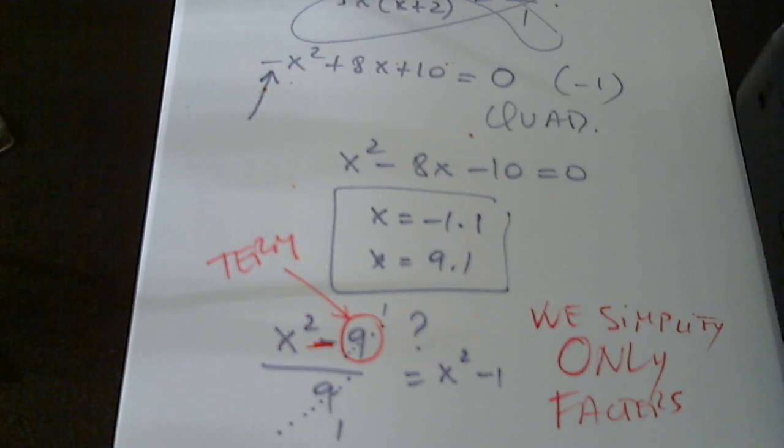We are only allowed to simplify factors. We can never simplify terms like that. So this is not allowed, cannot be simplified further. The expression can be rewritten in factored form at the top, but we cannot simplify it in any way, shape, or form.